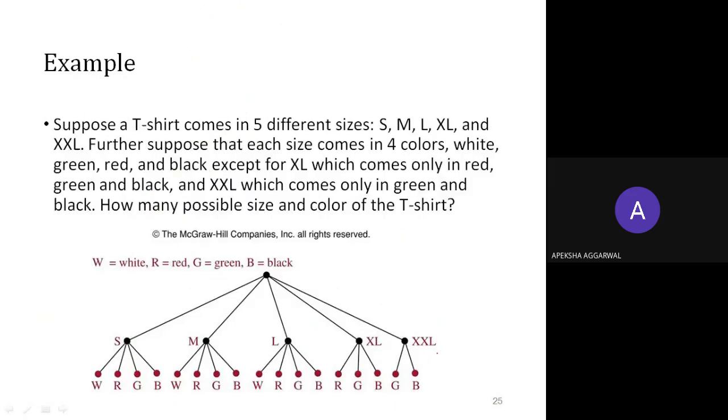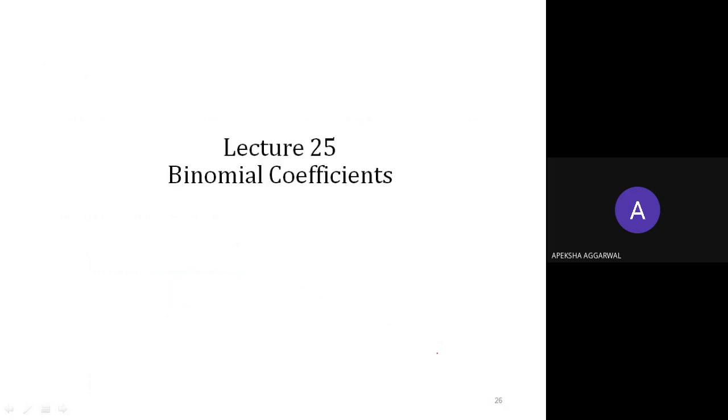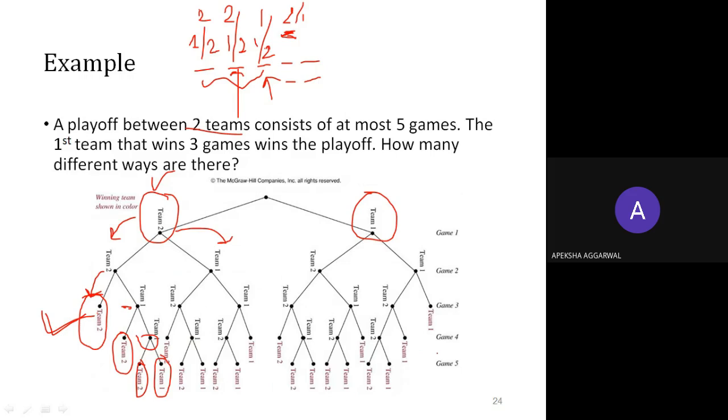Okay. Similarly, you have another example. This is just a tree diagram, which makes your calculations and representations a bit easier. Now let's move on to the next lecture, which is the binomial coefficient. So I hope this tree diagram is clear to everyone.